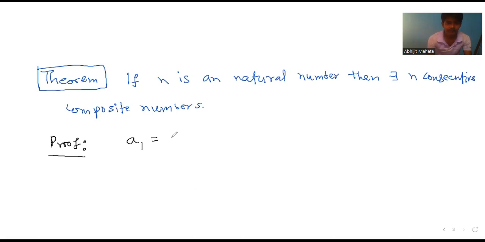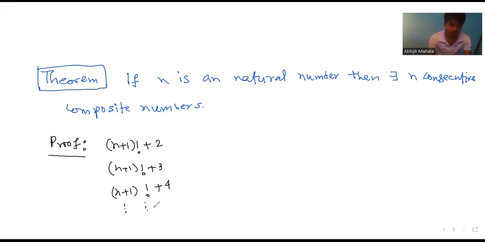Let's consider this sequence: (n plus 1) factorial plus 2, then (n plus 1) factorial plus 3, and (n plus 1) factorial plus 4, and so on, up to (n plus 1) factorial plus (n plus 1).